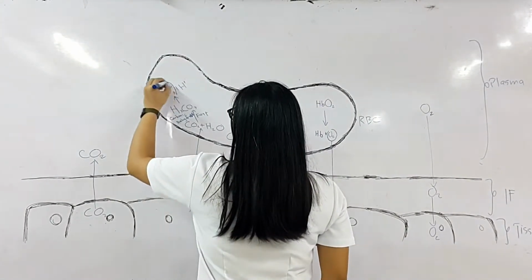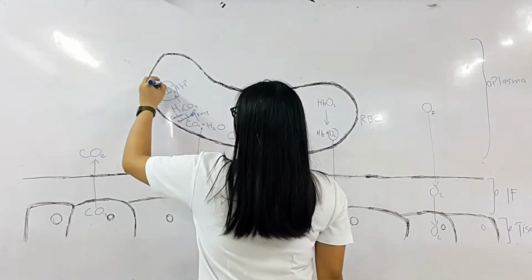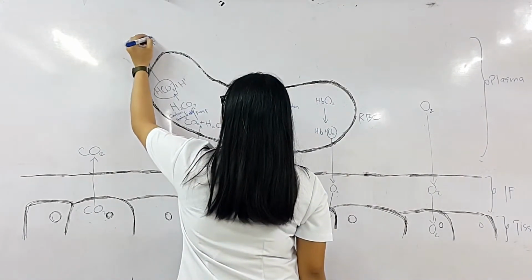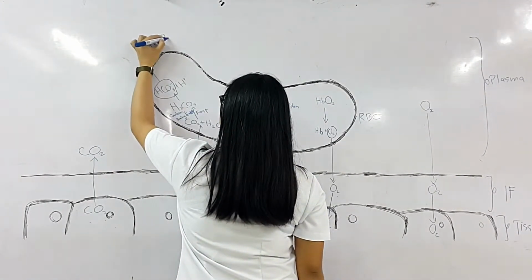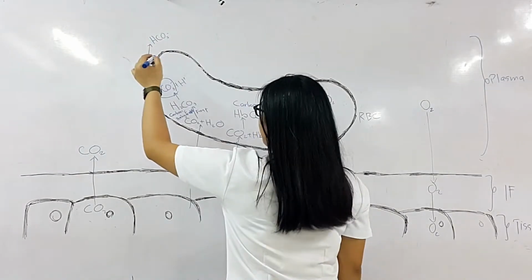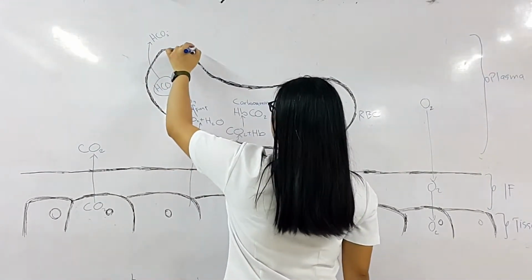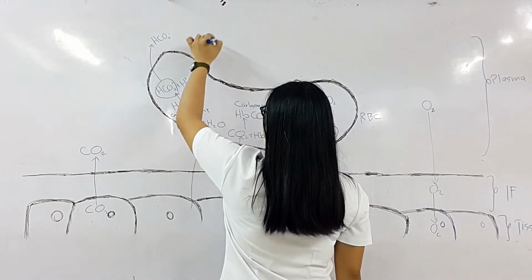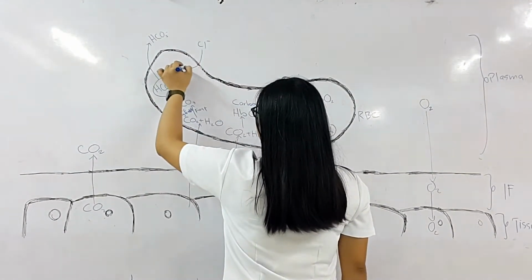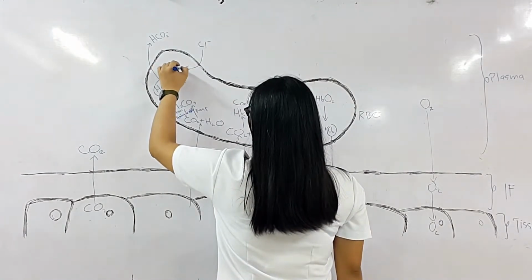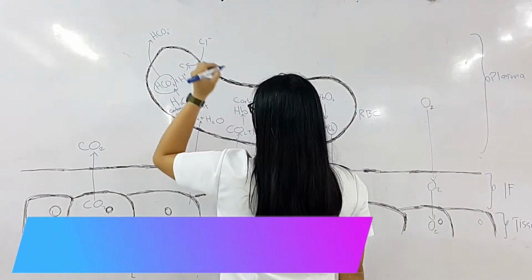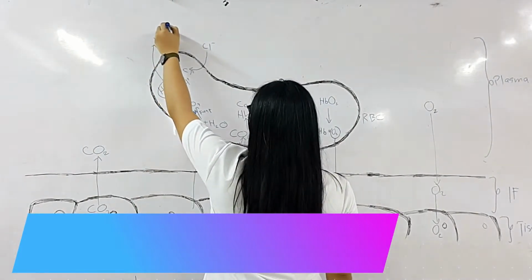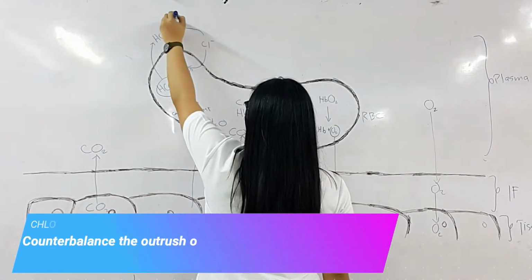This bicarbonate will be pushed out of the red blood cells, and in reaction to that, chloride ion from the plasma will go inside of the red blood cell, and this process is called the chloride shift.